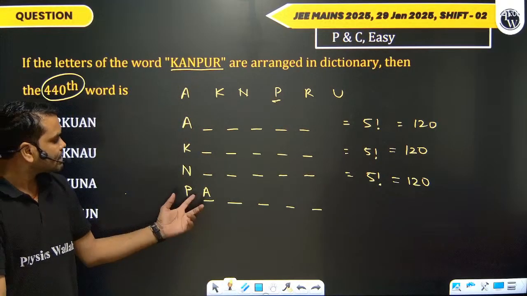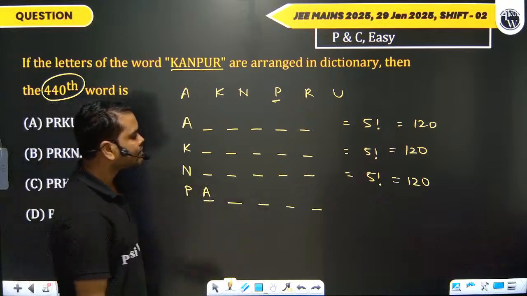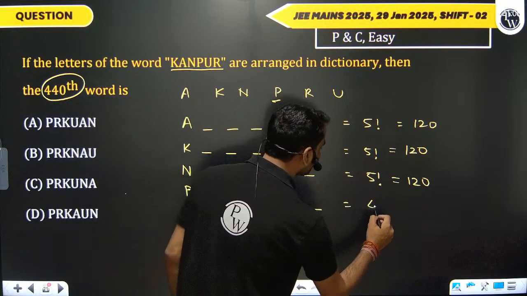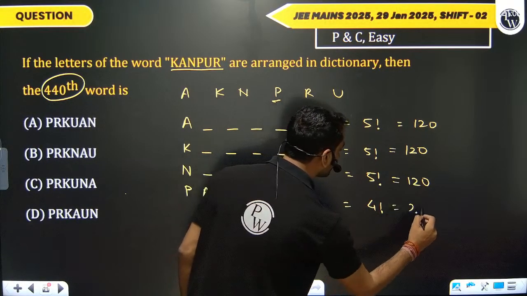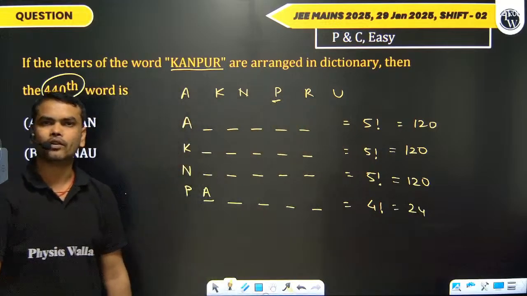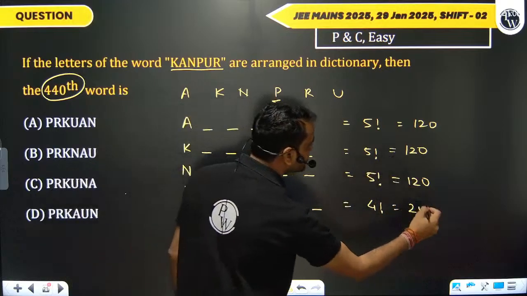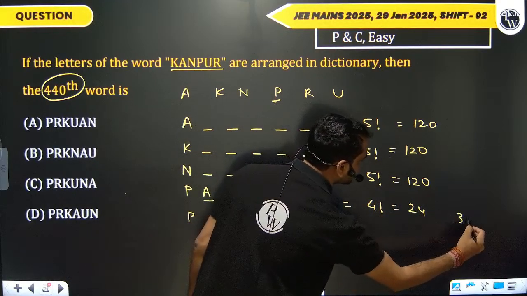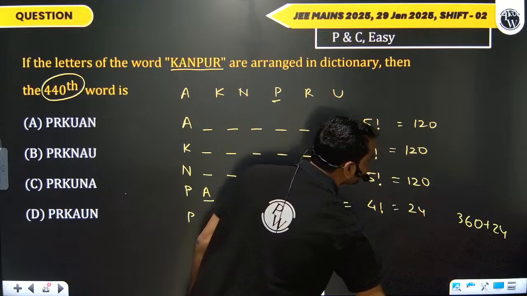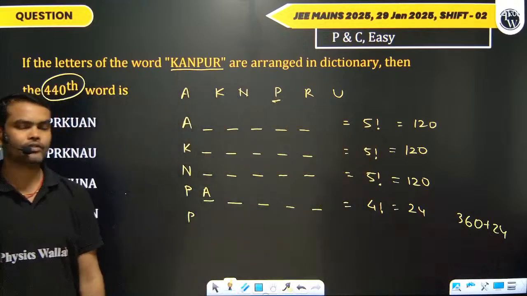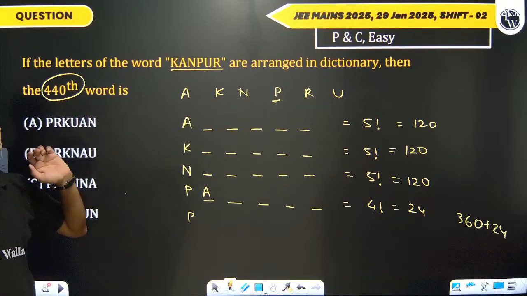So now with P and A, how many words will come? 4 places are there, so factorial 4, 24 words will form, right? Now if you add, this will become 360 plus 24, so this is 384, right? Still we have to go a long way, right?